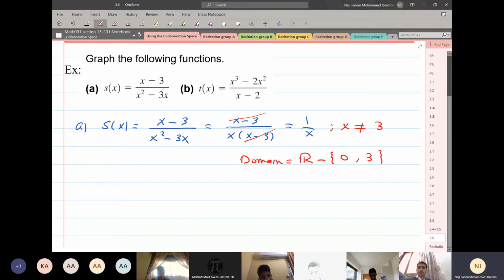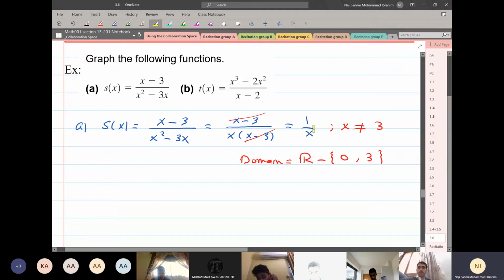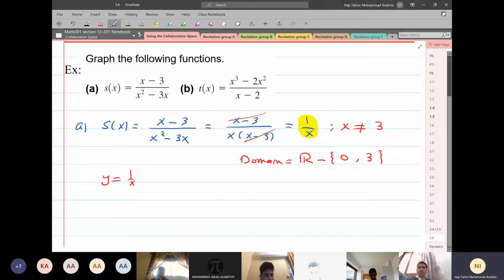Now, for this function, which is 1 over x, how can I graph this? Y equals 1 over x. Do we know the graph? We took it last time, which is the basic graph of 1 over x. Let me graph this one quickly for you. I don't think that we need to discuss it.